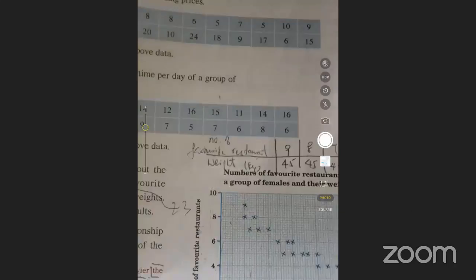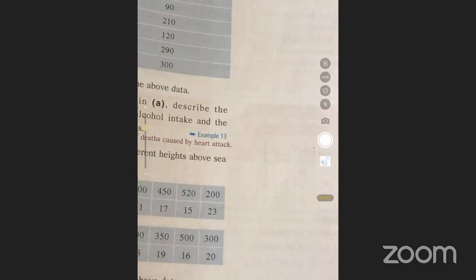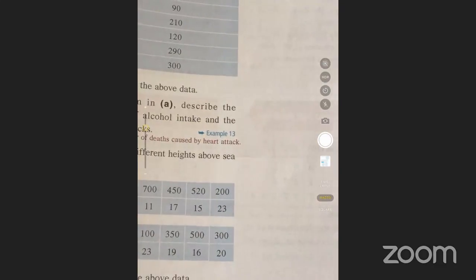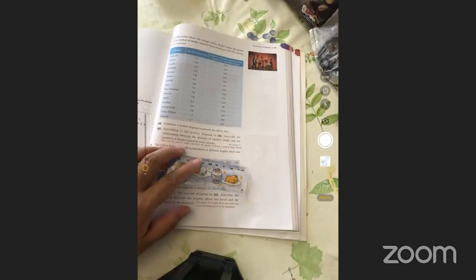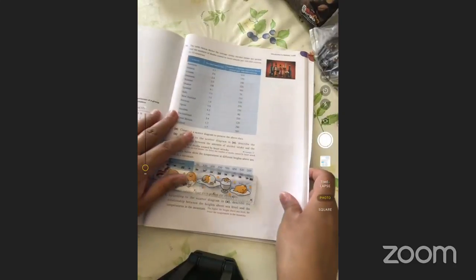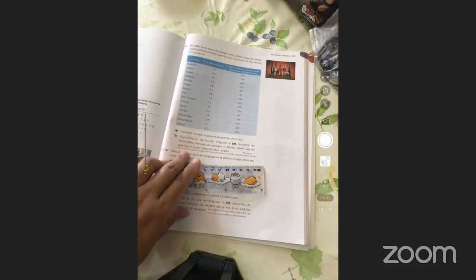Right, let's see. Now I am going to ask you to try a few exercises in your textbook. I know that you have the answers, but try to write it by yourself, instead of directly copying the answer from your textbook.